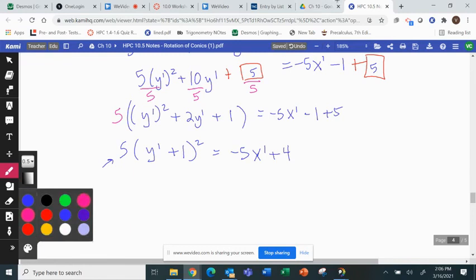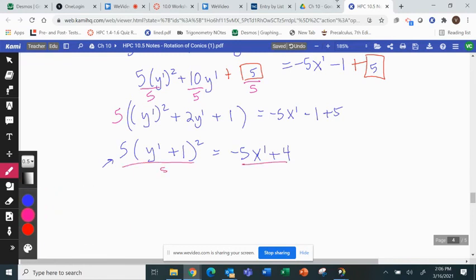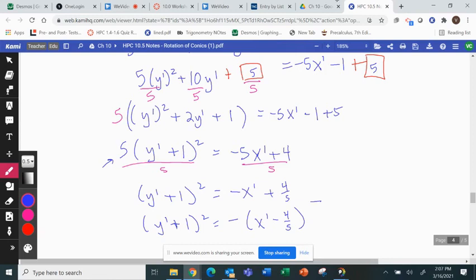So I'm going to divide both sides by 5. Now I have y prime plus 1 squared equals negative x prime plus 4/5. Then the last step is to factor out that 4p value, which ends up being just negative 1. And this would be the standard graphing form of the parabola.